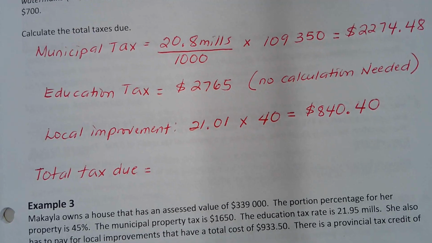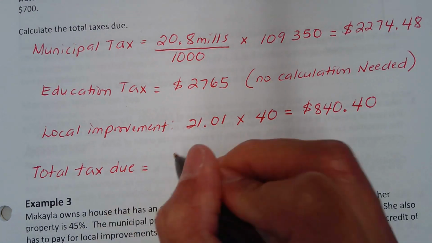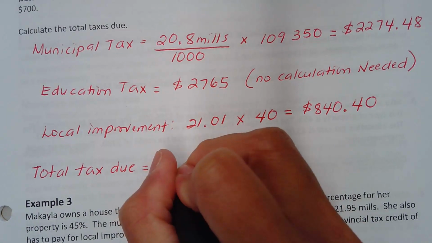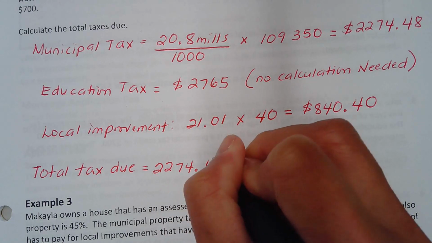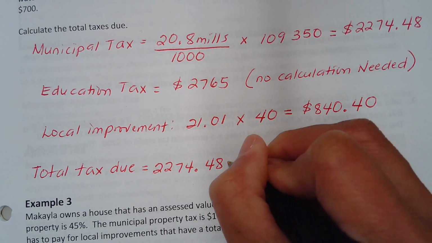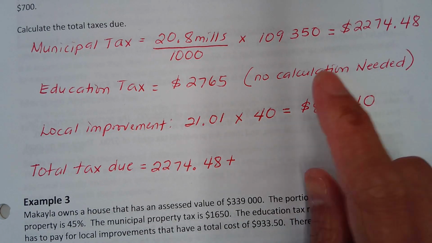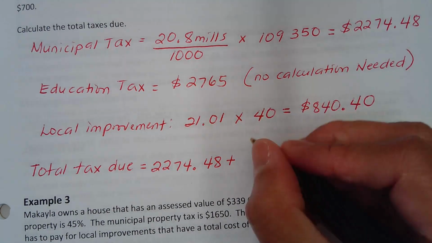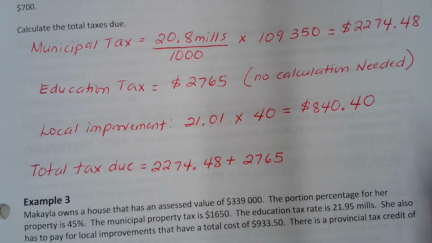How much is the total tax? We have municipal tax to pay, 2274.48, plus we have education tax to pay, 2765.